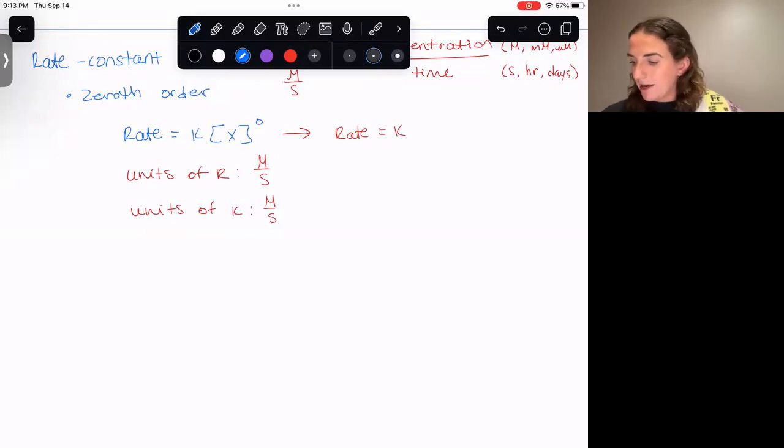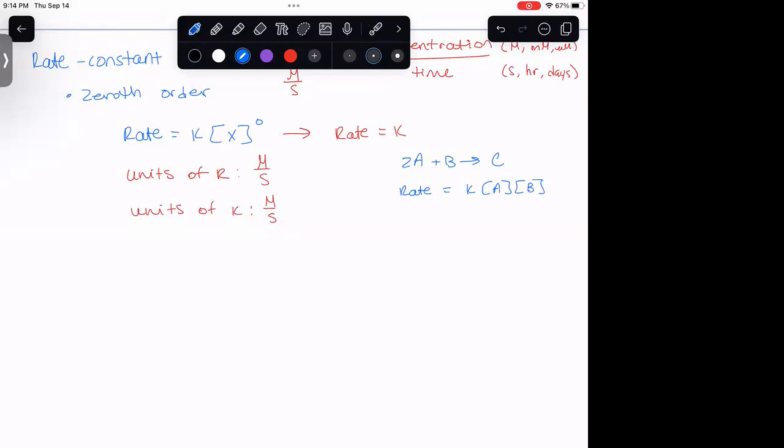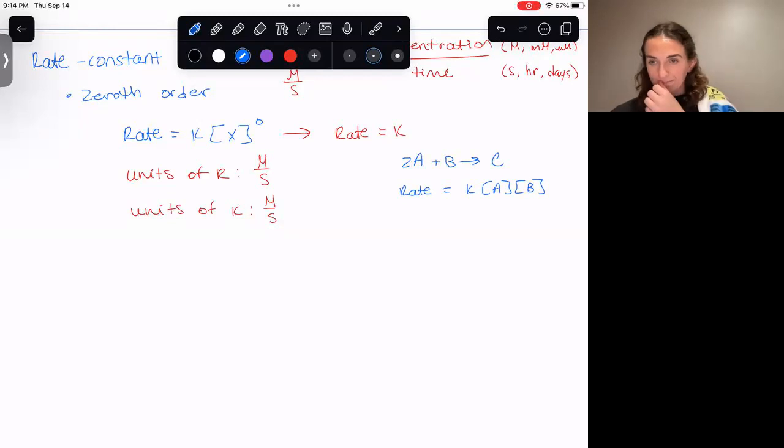Right, if we were just looking at 2A plus B goes to C, and we said the rate law could be A squared, we'll say it's A times B, k is not negative here. Is this different than the rate law expression? Yes, yep. Okay, that's fine.